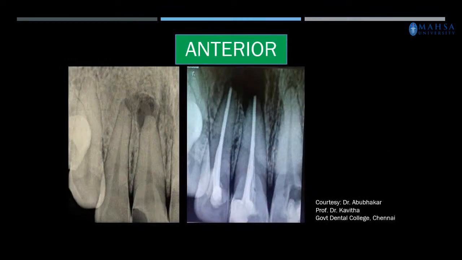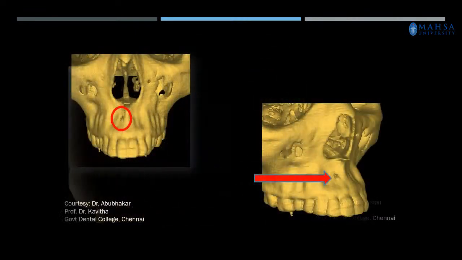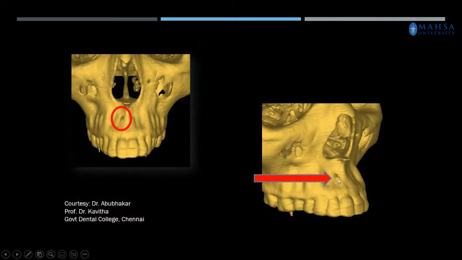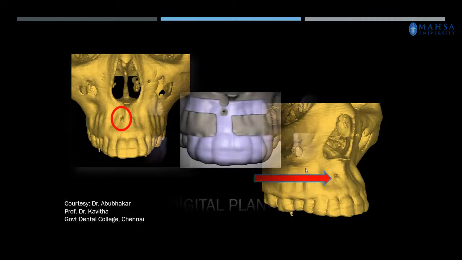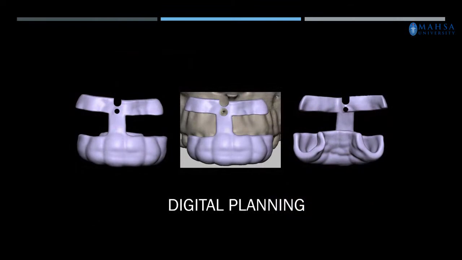And surgical guides, when we make surgical guides for your RCs, you know where the pathology is and how you want to access it. So we make the mark. This is a case from GDC in Chennai, where once you have located the pathology, you make a small mark over there.